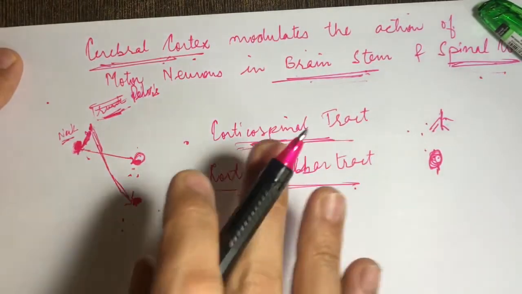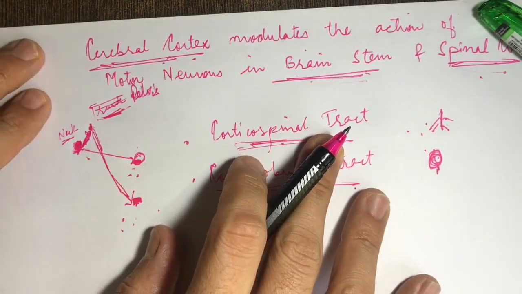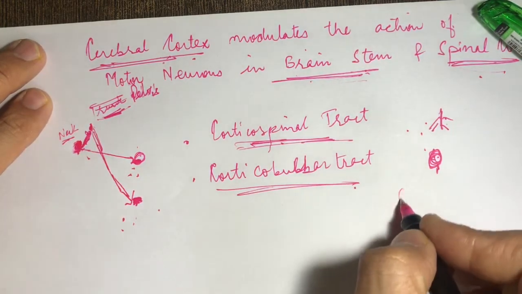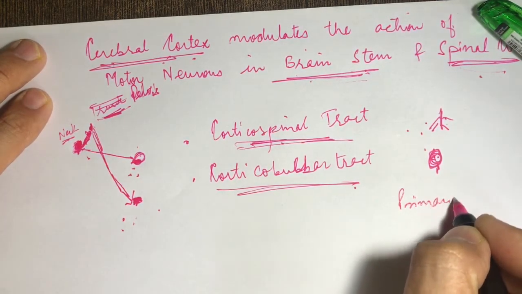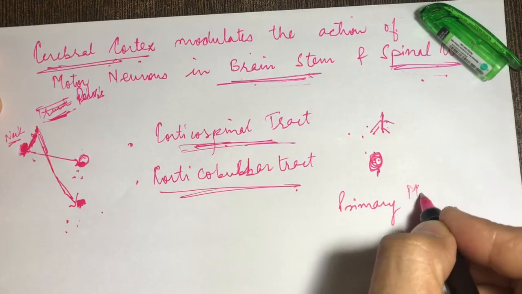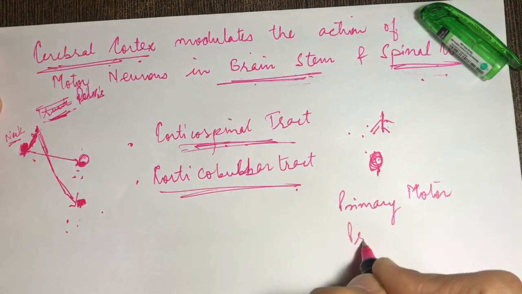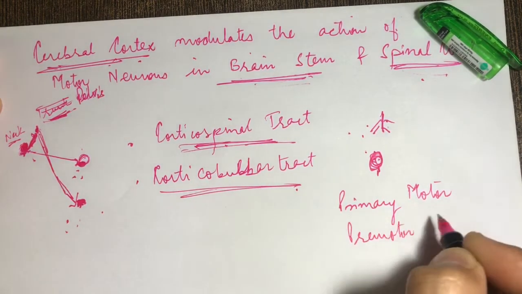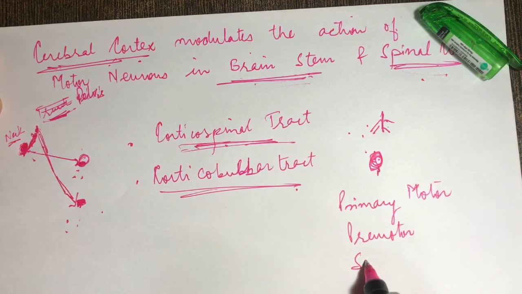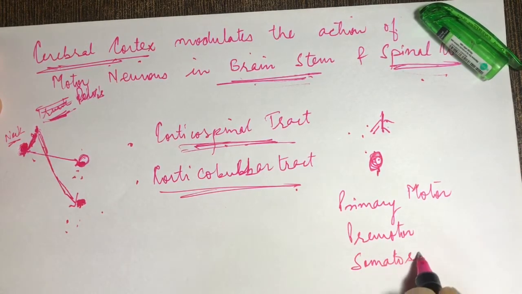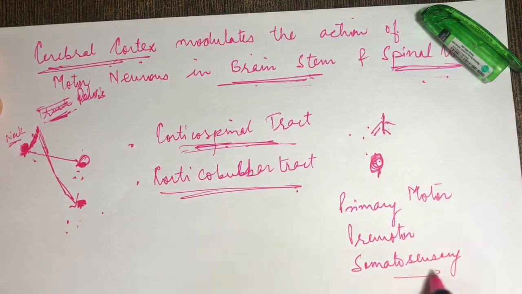Now these corticospinal tracts coming from the motor cortex will be coming from the primary motor cortex, right? It will be coming from the premotor cortex, and it will also be coming from the somatosensory cortex. Okay, somatosensory cortex.